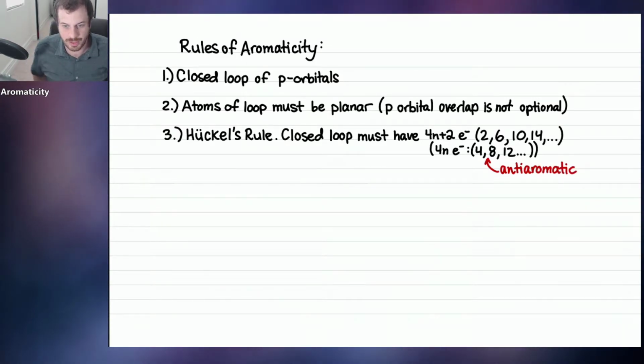This is what was going on with cyclobutadiene. It had 4 pi electrons. So it had a property called anti-aromaticity, which is the opposite of aromaticity, which is highly destabilizing. And in order to understand why it's highly destabilizing, we'll have to draw some molecular orbital diagrams. We'll do that in a minute.